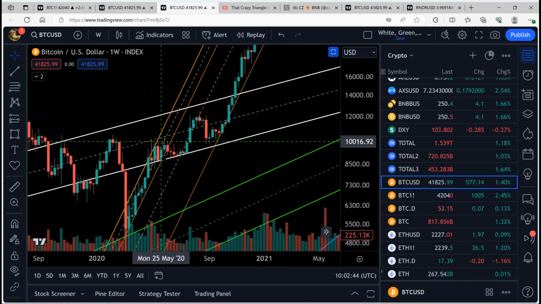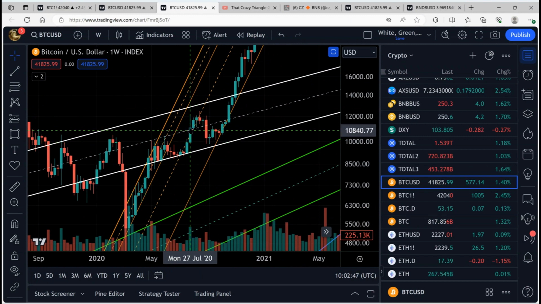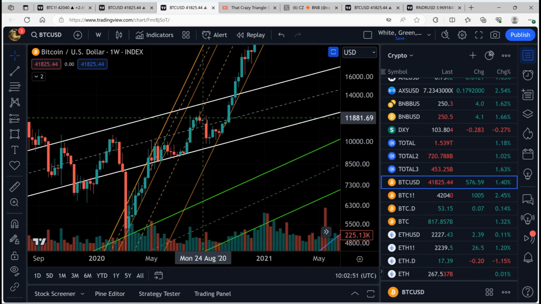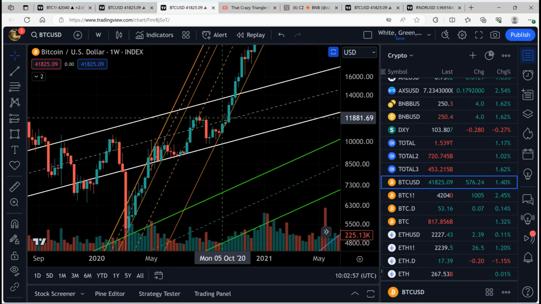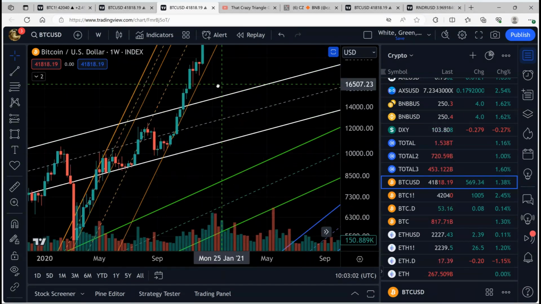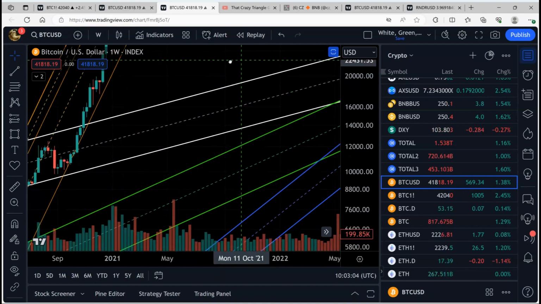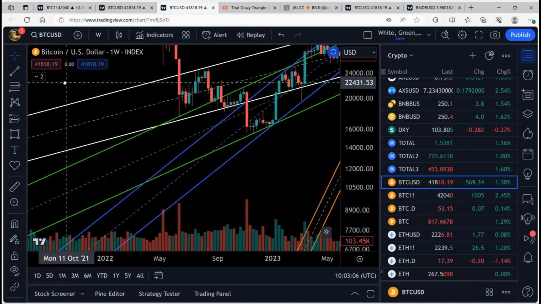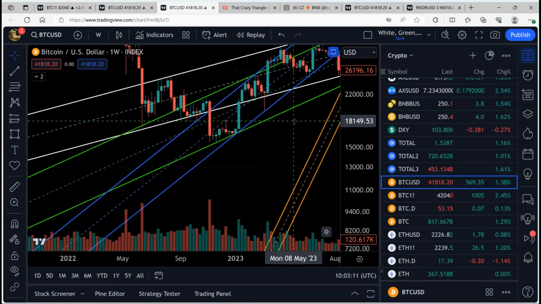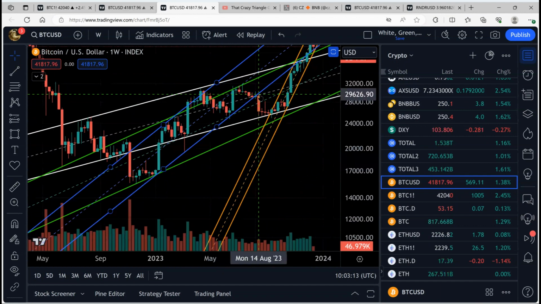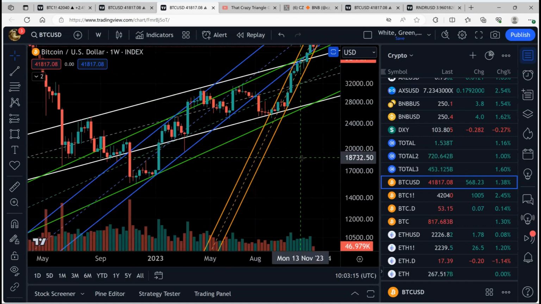Look at how we traded right here in the bottom half of the channel, even held it as support here. Once we broke through, we fell through the center line hard. Now, notice this in this orange channel, and we'll get back to that in a minute. So we did not interact with the white channel again until we got back here in recent times. And you can clearly see the interaction with the white channel here once again.